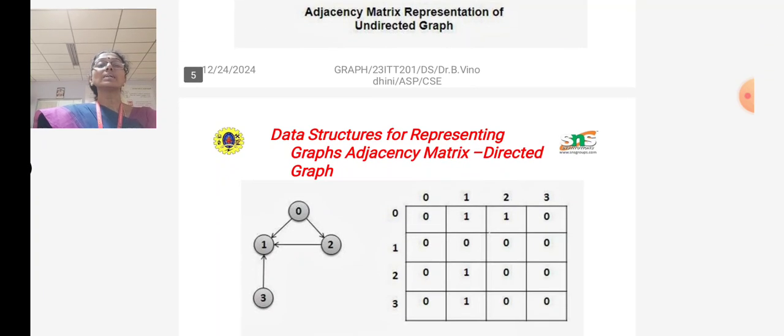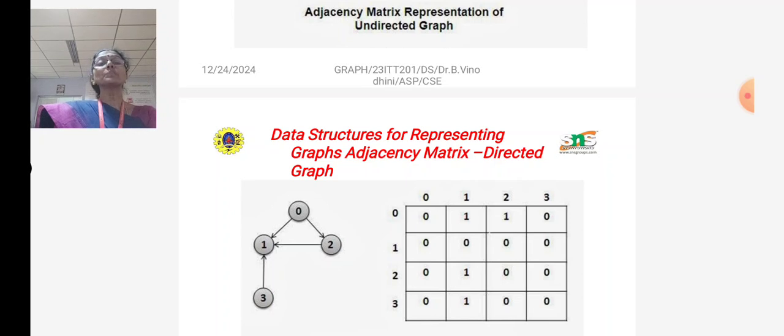Suppose we have a directed graph. How do we represent the adjacency matrix? For a directed graph, the adjacency is based upon the outgoing edges. The node with no outgoing edges has 0 for all the remaining nodes.